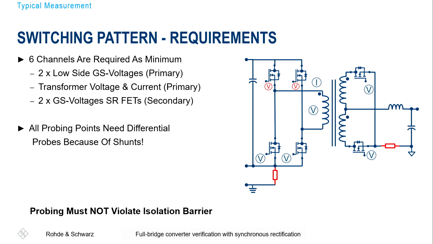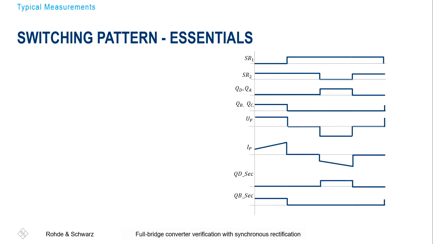Definitely important. Switching pattern essentials, what does it mean? Well, we want to verify these switching patterns. We have seen these 5 waveforms in the previous slides. In addition, I also have drawn here the primary winding current, which is important to identify that the transformer core, for example, is not in saturation.